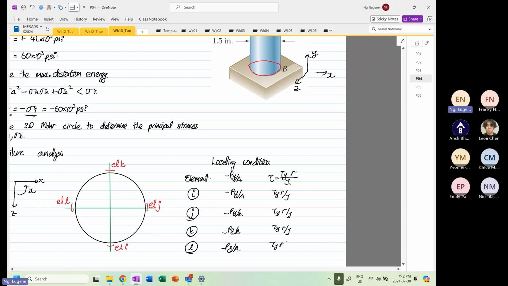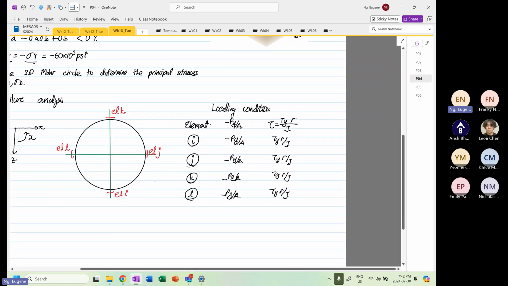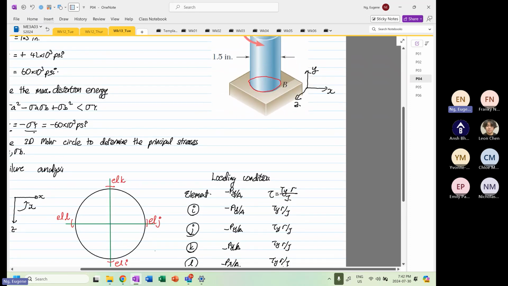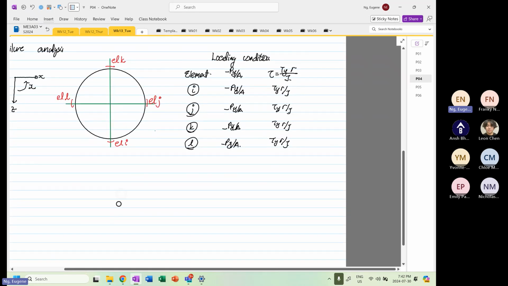So where failure will occur depends on where your impurity is, unfortunately. Every element is equally stressed. I repeat again, every element is equally stressed. So you can pick any element. For this case, let's say that we pick element I, for example.